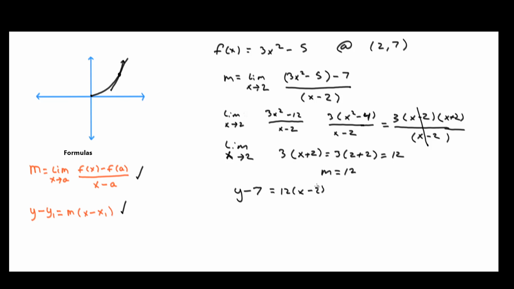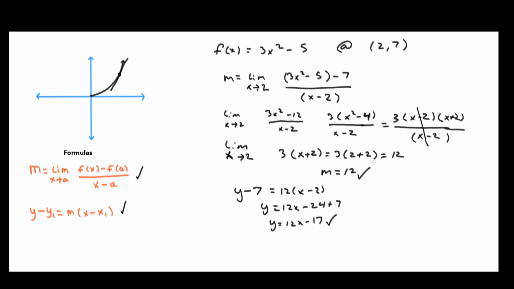Then we distribute these and then add 7 to the other side. We'll get y equals 12x minus 24 plus 7, and a final answer of y equals 12x minus 17. So here's our equation of the tangent line, and here's our slope.